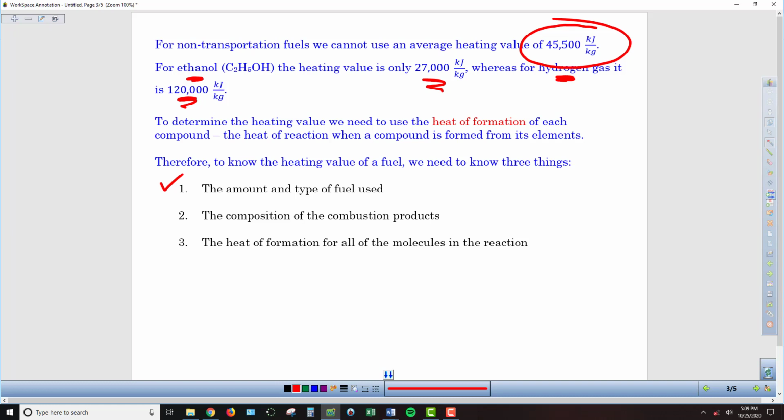Obvious. Second, we have to know the composition of the combustion products. And then finally, we have to know what are the heats of formation for all of the molecules that are in the reaction. We can then figure out how much energy it takes to break up the molecules, and then how much energy is formed upon the formation of the reaction products to figure out how much energy is derived from burning that fuel.